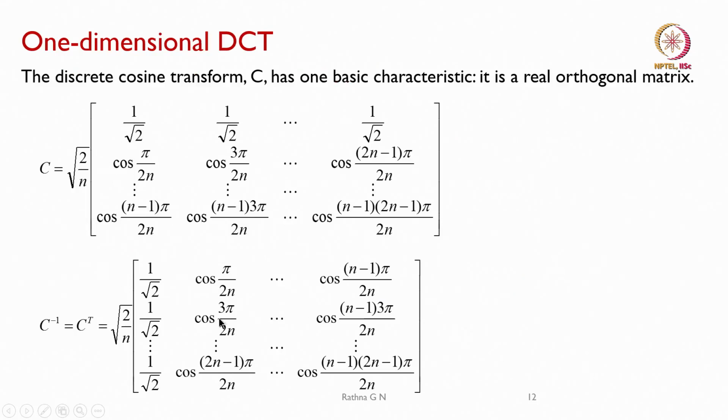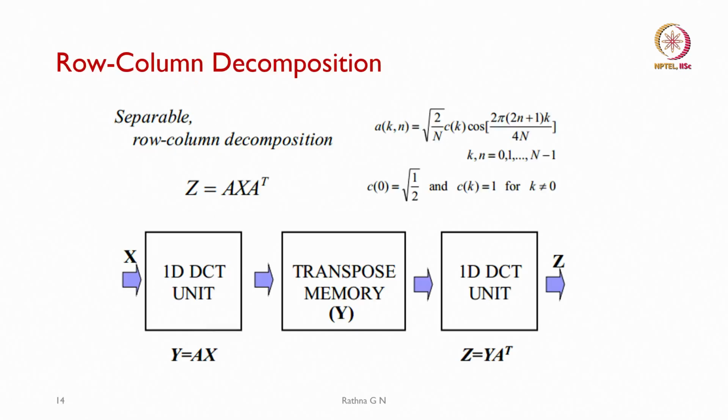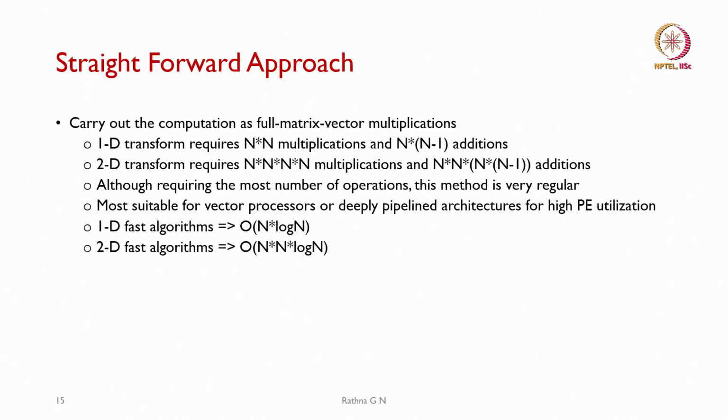This is my transpose of y, where a into x is what we will be transposing. Then I apply the same 1D DCT unit, and I will get y into a transpose. That is my z, as shown here. This is how we do the row column decomposition and then the computation.